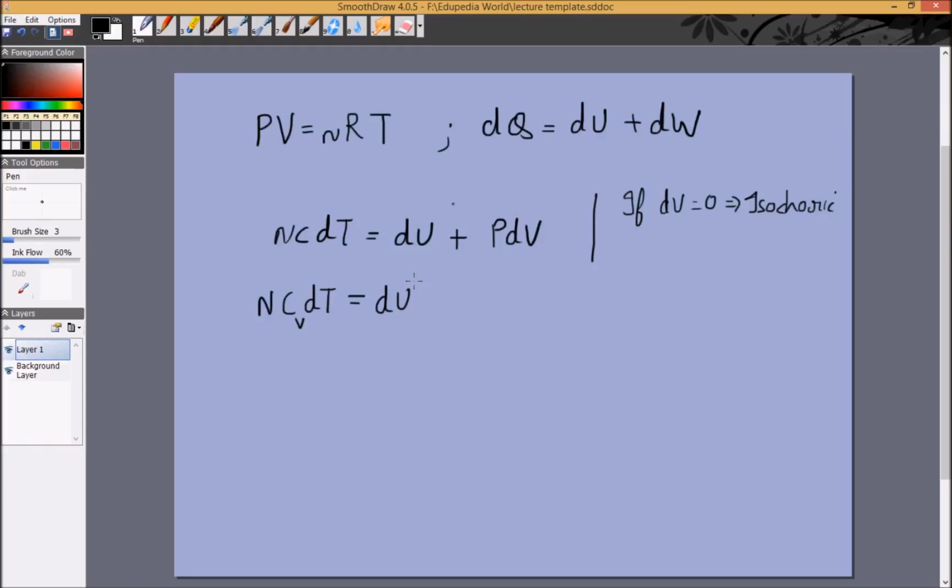Now, there's an interesting point. We talked about path variables and state variables in the last class, and we said that state variables are those which do not depend on the process, they just depend on the initial and final conditions. So, internal energy was a state variable.